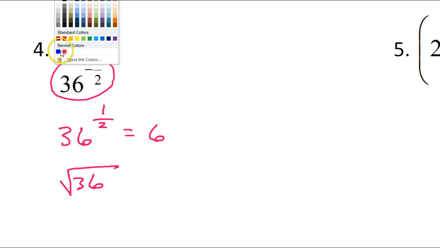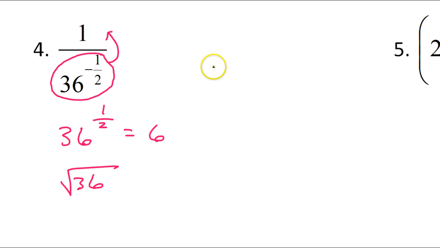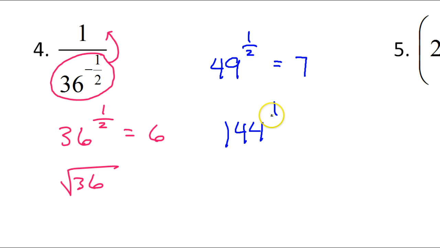Now, as long as we're on the subject, let's practice that for a second. So what would 49 to the 1/2 power be? That would be 7. Okay, can you tell me what 144 to the 1/2 power would be? That would be 12, because it's just taking the square root.